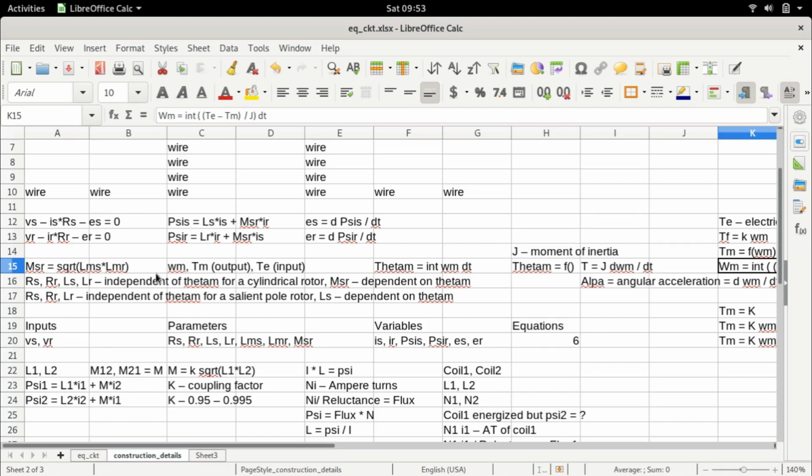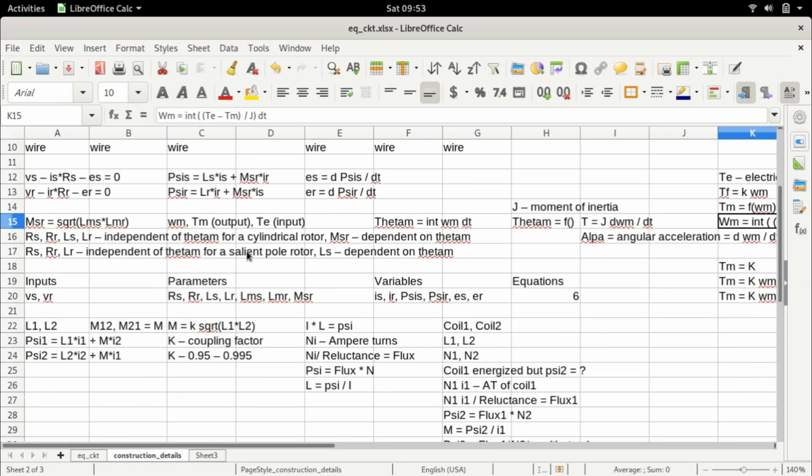Now, for a single phase induction motor, and particularly for a squirrel cage cylindrical rotor, we have said that the resistance and the self-inductance are independent of the rotor angle, but the mutual inductance is dependent on the rotor angle.